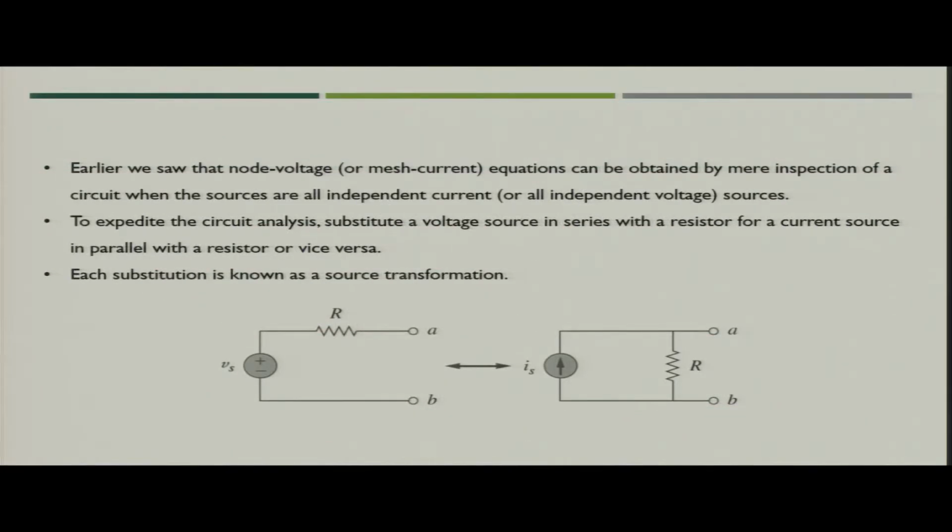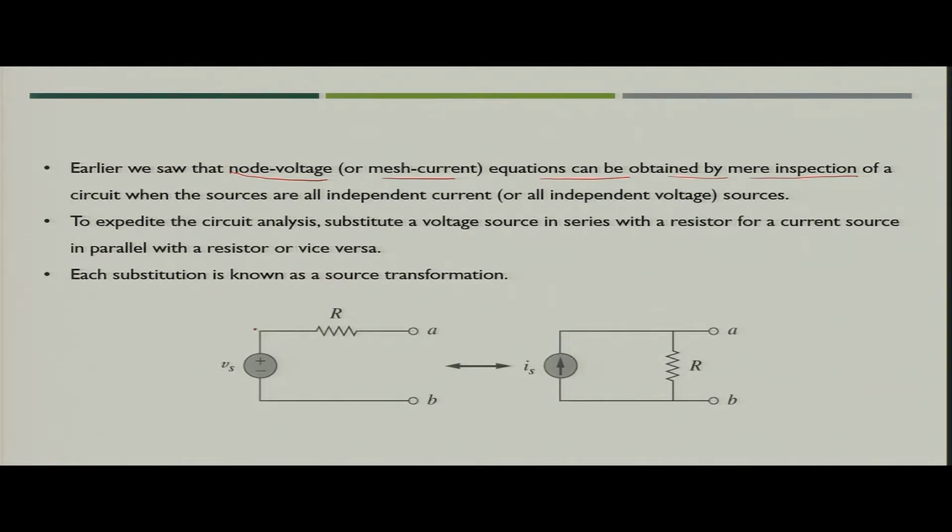Let us understand. In the node voltage or mesh current method, the equations we were obtaining were simply with the help of circuit inspection. We were looking at the circuit, assigning mesh currents in the various meshes and then trying to find out the value of the mesh currents.